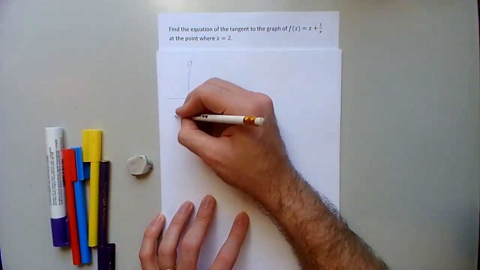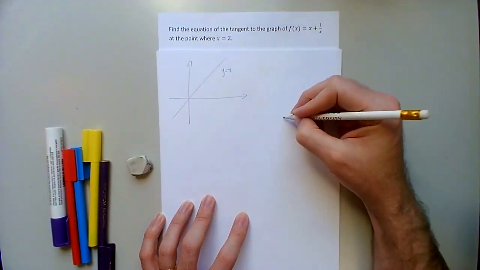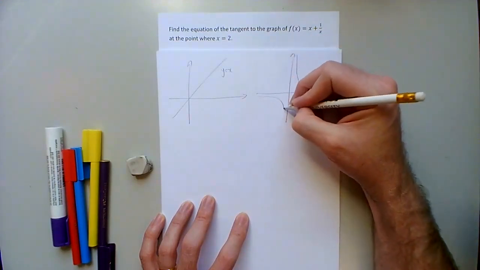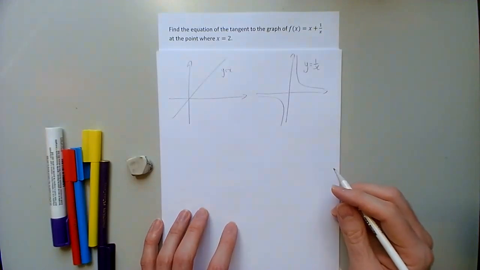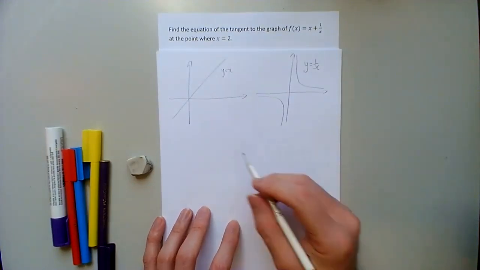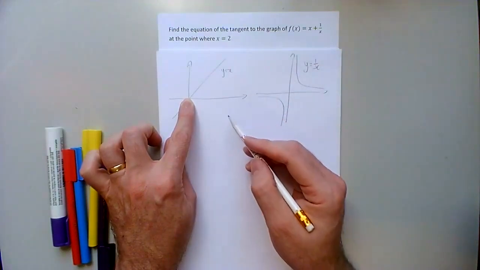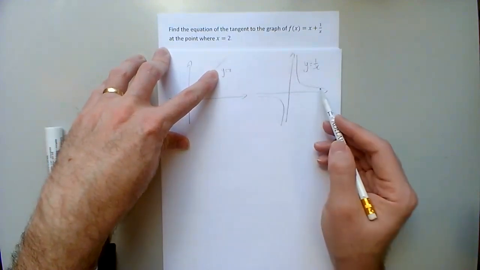y equals x looks like that. And y equals 1 over x is the classic reciprocal function, so it looks like that. And then I have to add them together. So here, when this is small and this is gigantic, it'll be really tall. And then this will get really big, and then that'll get really small.